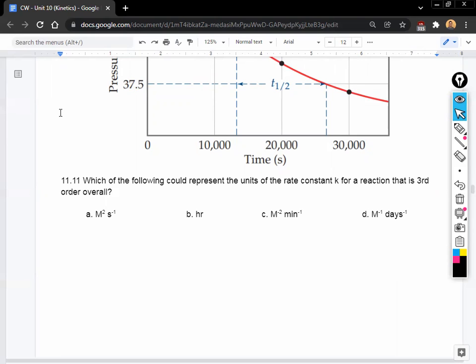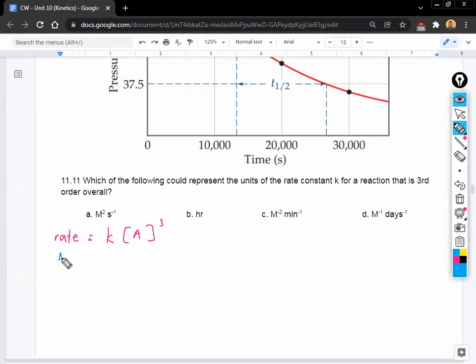All right, you guys ready to go? Let's try it out. If I have a third order reaction, the simplest way to write a generic equation for that is rate equals the rate constant times the concentration of a reactant to the power of 3. You could do the power of 2 times the power of 1, but that's overcomplicated. So let's convert everything into units of measurement.